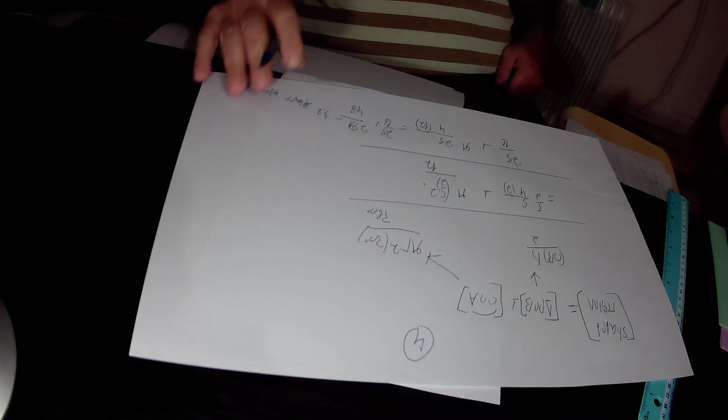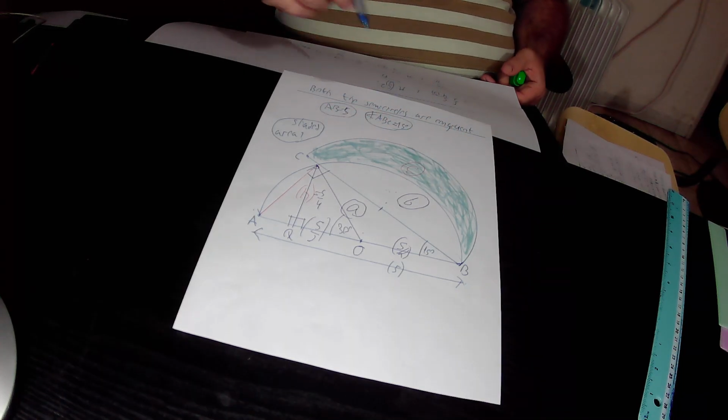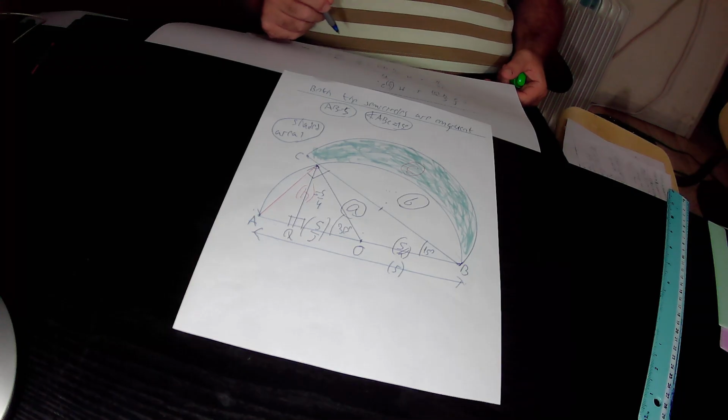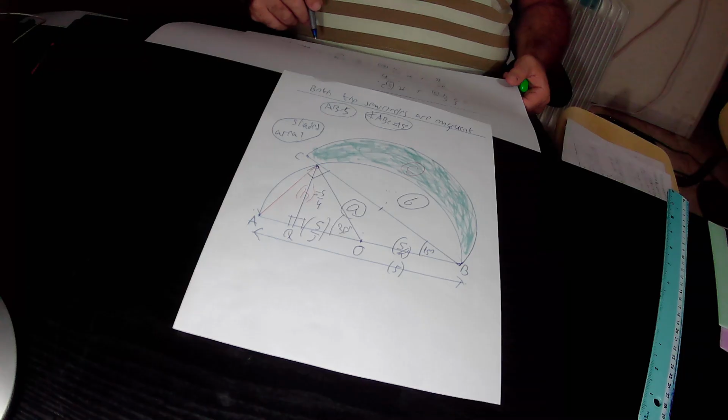And again, if you want to know the area that you are looking for in this question, that is the area of this shaded region, in total it equals 3.2 square units. So we finish answering the second question.